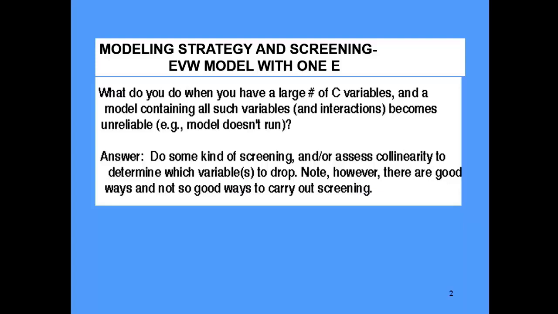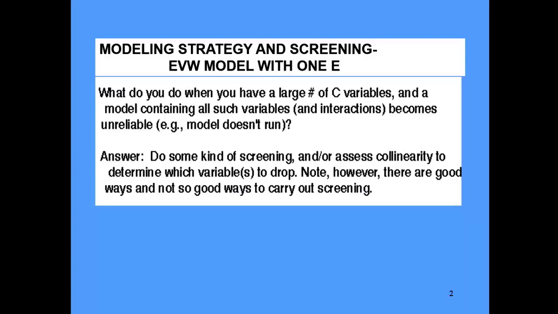You're dropping variables that might be confounders, but you're using a statistical test to do it, right? What did we talk about when assessing confounding? You don't do a statistical test for confounding. So here you're screening using a statistical test and dropping variables when you shouldn't. So how should you do that? Well, that's what's going to be talked about tomorrow.